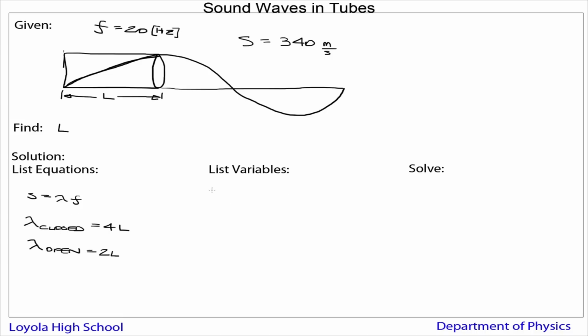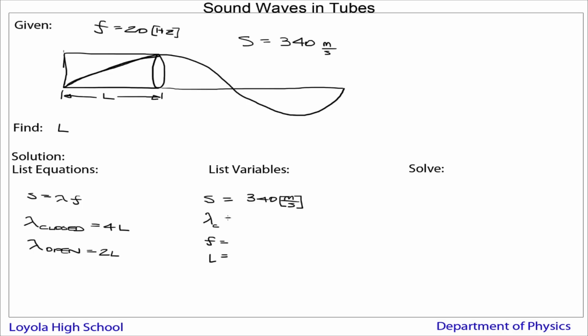So variables. What variables do we have? So speed. We have wavelength. We're going to use the closed version. Wavelength, I'll put a C for closed just for clarity. The frequency we do know, and L here. So what do we know? We know the speed is 340 meters per second. Let's write that down. 340 meters per second.